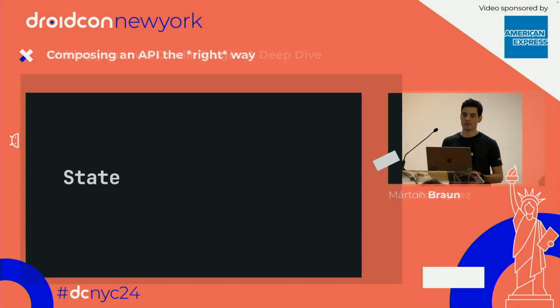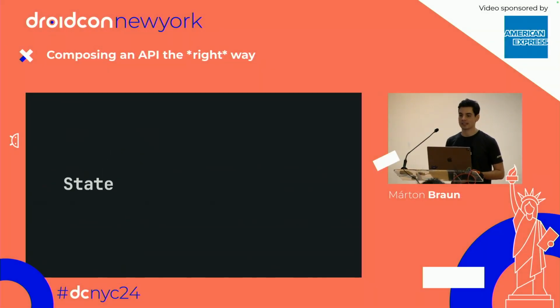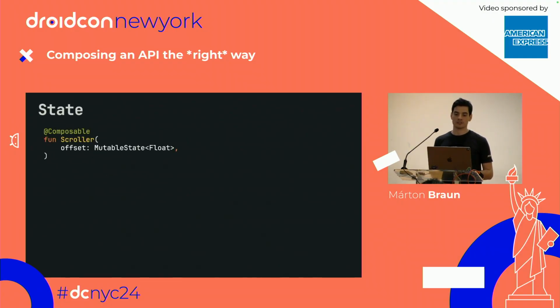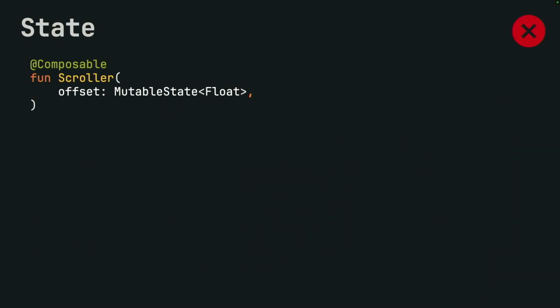Okay, let's keep moving and talk about state next and how we feed that into composable functions. First, I want to talk about the literal state type in Compose and ask the question of whether it's a good idea to pass in a mutable state object as a parameter to a Compose component. This is not a good idea because once you do this, the ownership of the state gets really muddy again.